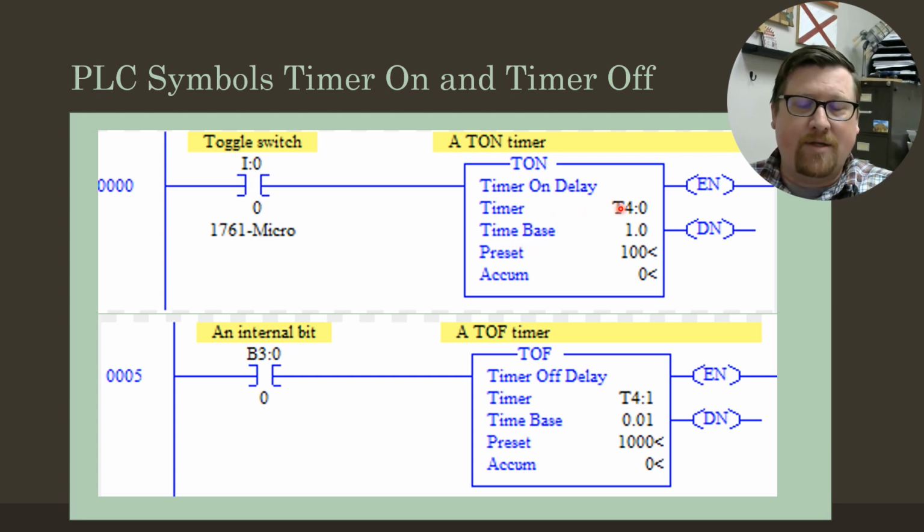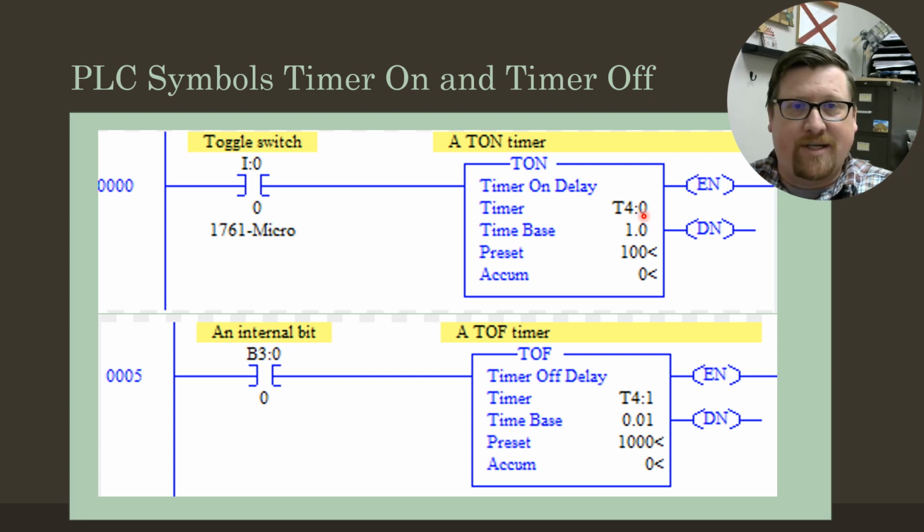You're going to name it. It's going to have to be named T4 colon and then a number, 0 up to 99 or 200. I can't remember exactly what the number is off the top of my head, but you're going to name it a unique number that none of the other timers in the program are named. That number is going to be set by you, because this is like the internal bit we talked about before.